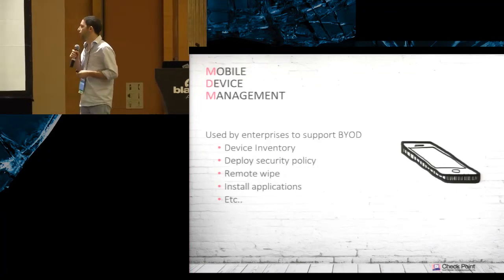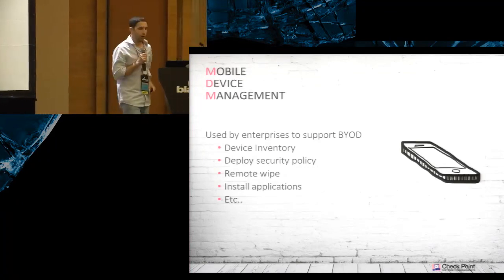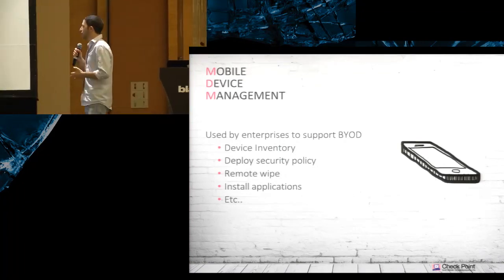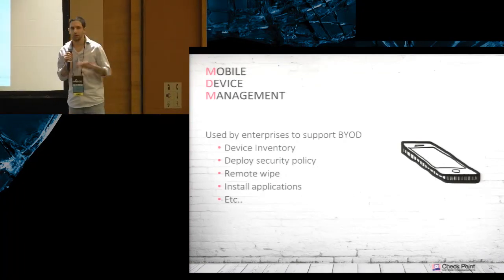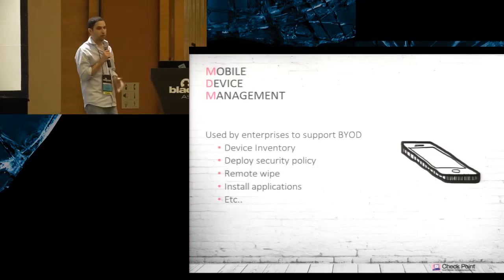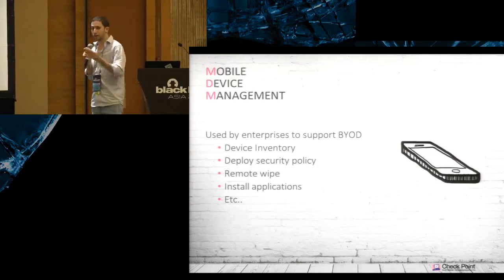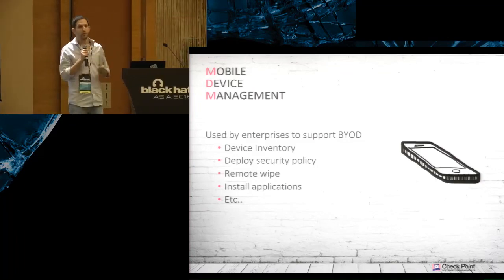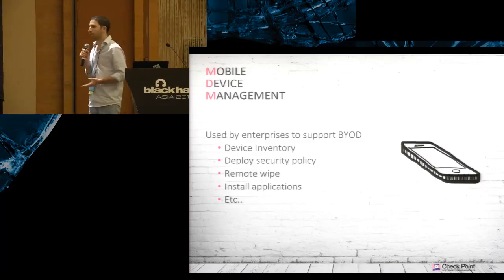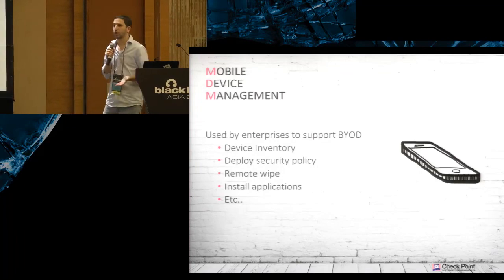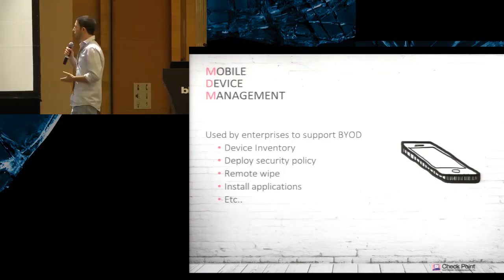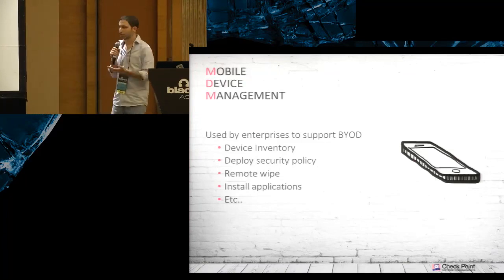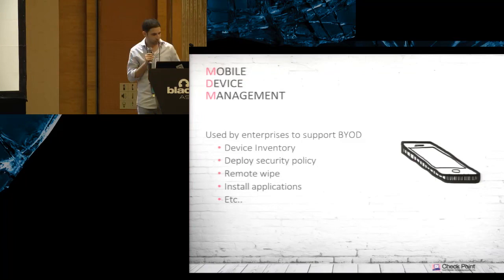This allows me to do a device inventory and allows me as well to deploy security settings on the devices. Let's say a lock screen, because I don't want devices that can access enterprise data to be without any security policies. I can even do stuff like remote wipe, because if a device is stolen and it can access enterprise data, I want to wipe it. Or even install enterprise applications, as we just talked about.